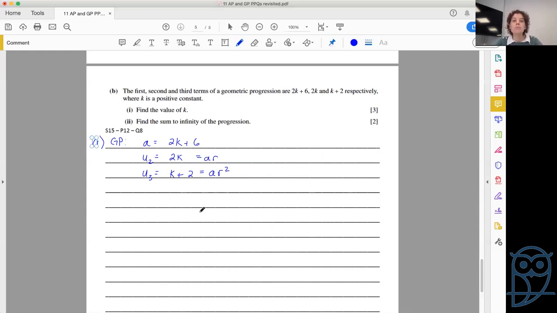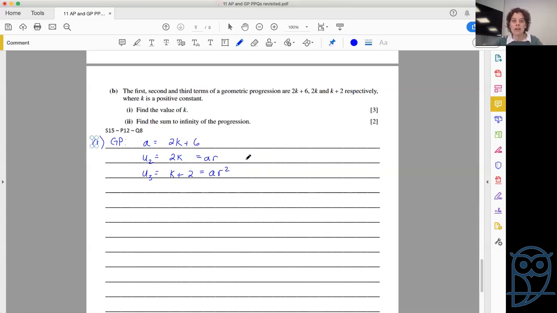We multiply by r. So second term divided by the first term is r. Third term divided by the second term is r. 10th term divided by the 9th term is r. 100th term divided by the 99th term is r. Now we're getting some fun, because if everything always equals r, then everything always equals itself.